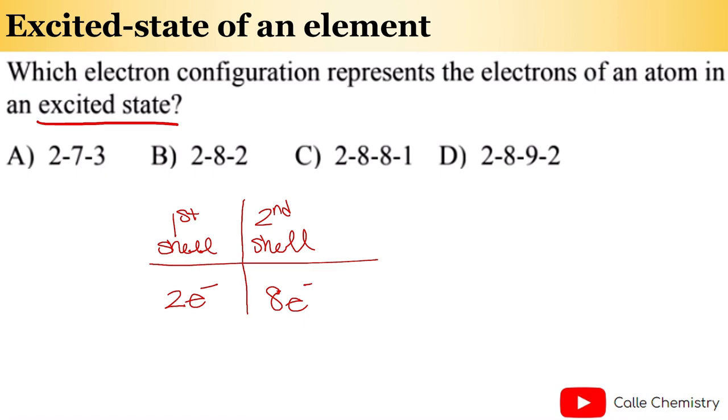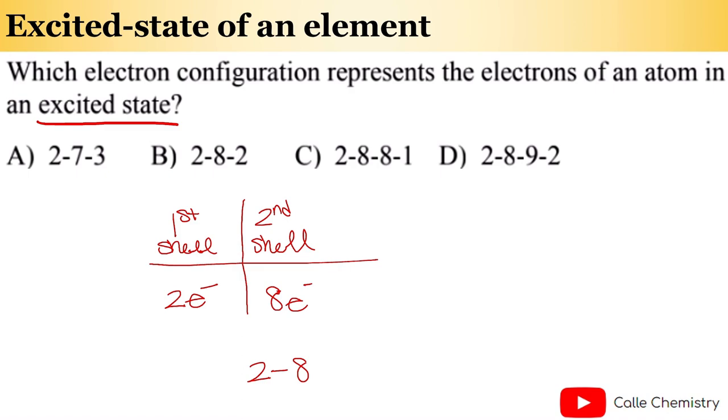So, electrons that are in their ground state should look like this: 2 and 8, etc. If I don't see that either the first shell doesn't have 2 electrons or the second shell doesn't have 8 electrons, that means that 1 electron went to the next, and that means that it's excited because it jumped to the next shell. So I'm going to look at these answer choices and see which one doesn't have either 2 electrons on the first shell or 8 electrons on the second shell.